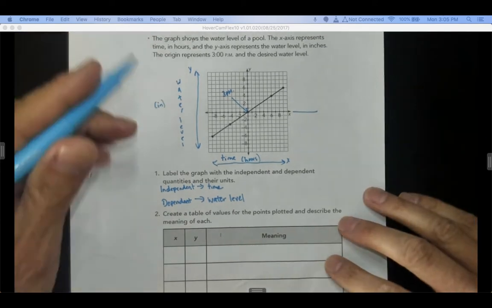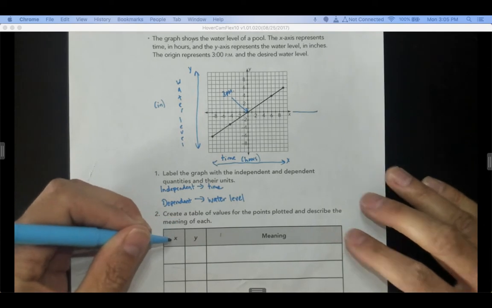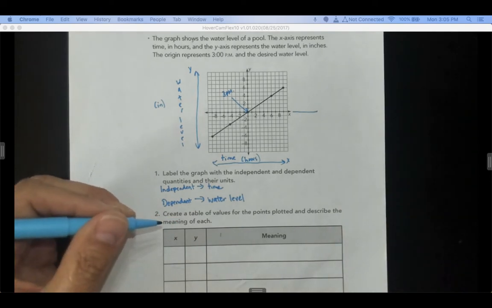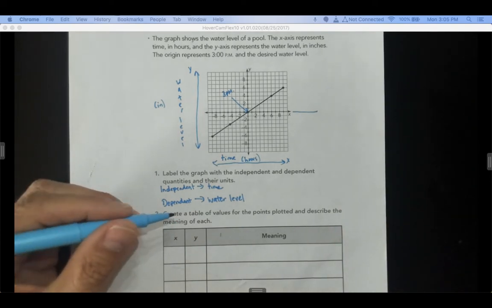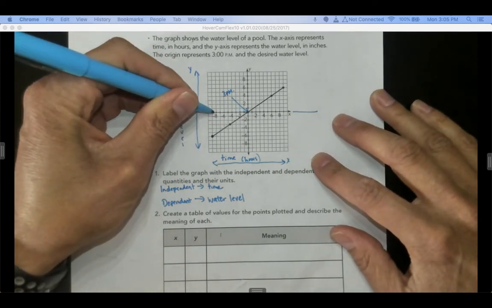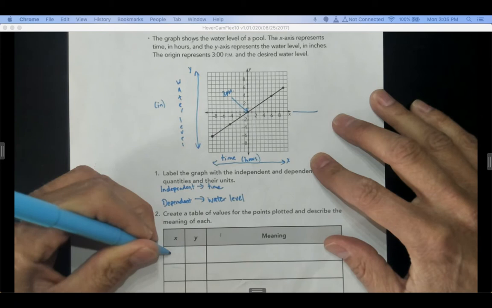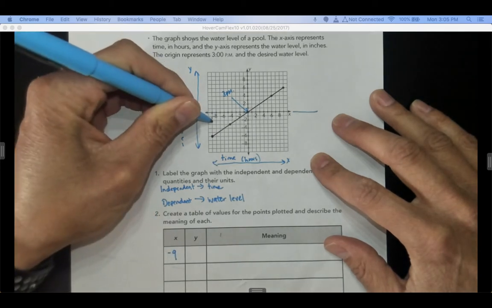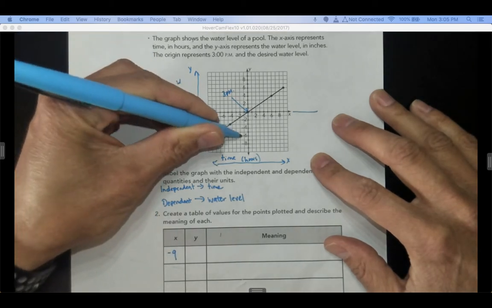Okay. Create a table of values for the points plotted and describe the meaning of each. All right. Well, if I look right here, this first point right here is -9 and then -6.